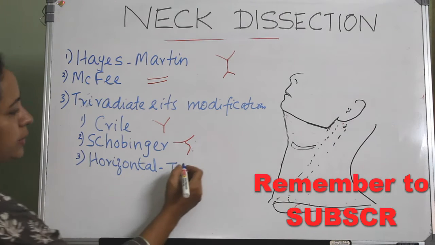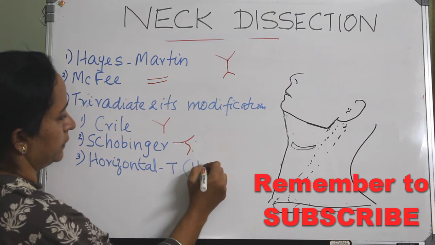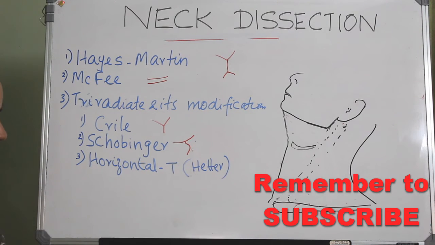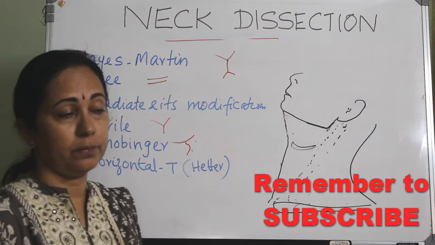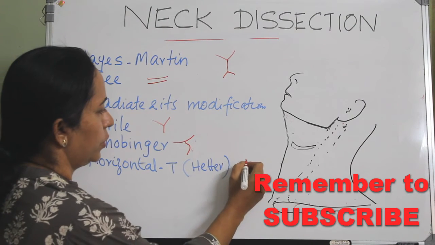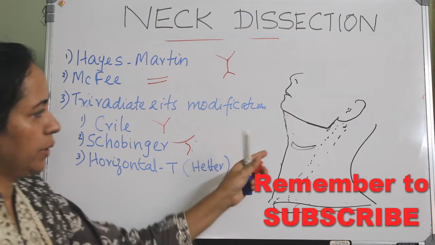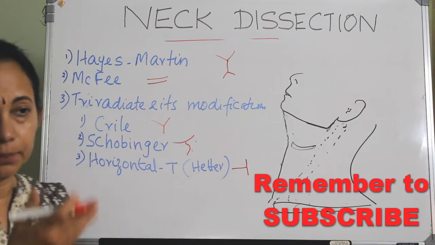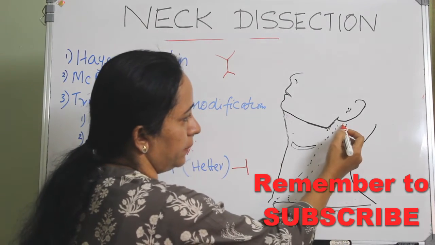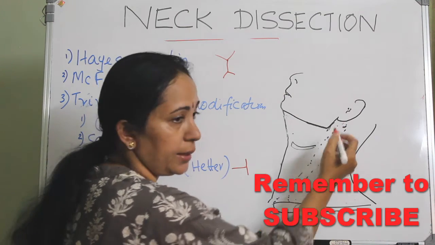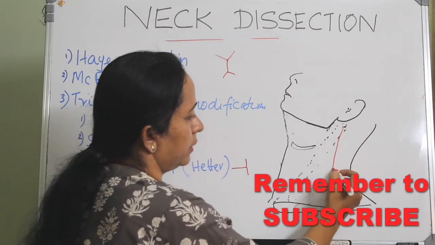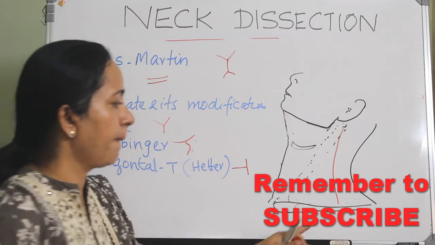Next is a horizontal T or a Hayes Martin flap. This is a relatively newer incision. It is a horizontal T. So the vertical limb is made more posterior, starting from the mastoid prominence through the anterior border of trapezius coming down to the clavicle.